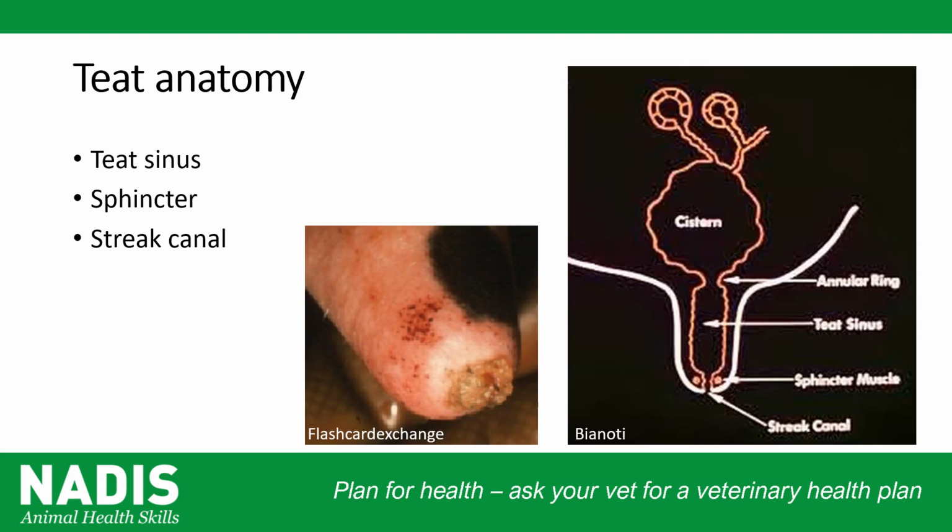There is also short-term damage, causing hemorrhages in the skin. The scar tissue prevents the sphincter from closing effectively after milking, increasing the risk of entry of bacteria. In addition, the scar tissue is almost impossible to disinfect properly and can harbour bacteria.